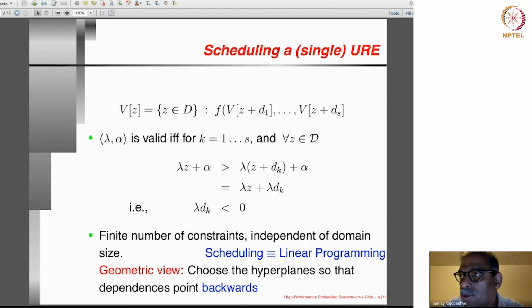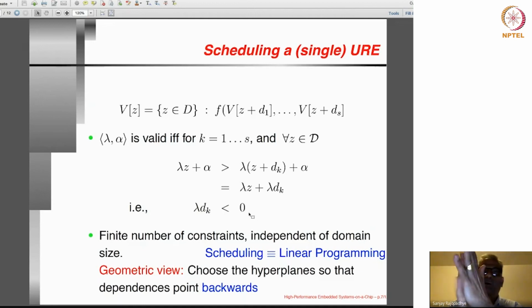Remember, d is a constant vector. Apply distributivity and you find that the z and the alpha cancel out. All you are left with is lambda dot dk is less than 0: the dot product of the schedule vector and the dependence vector, which is a constant vector, must be negative.